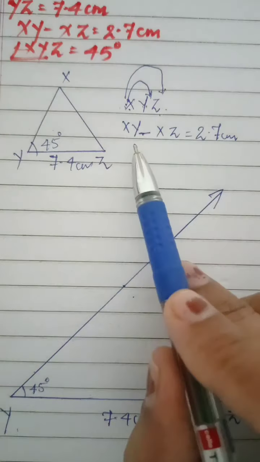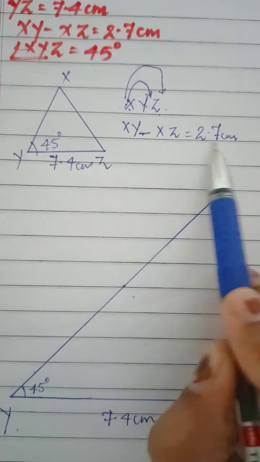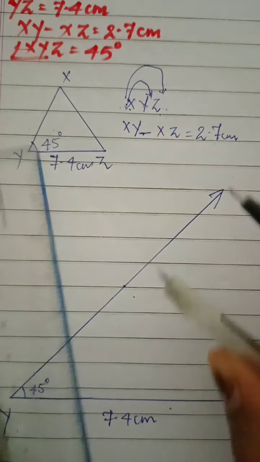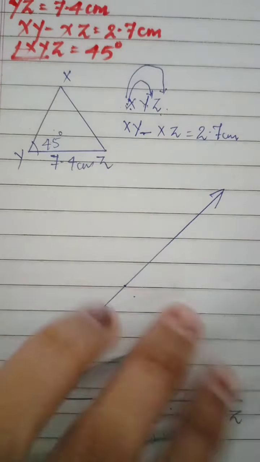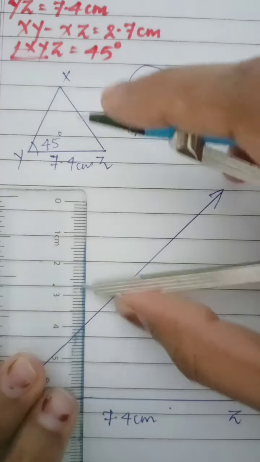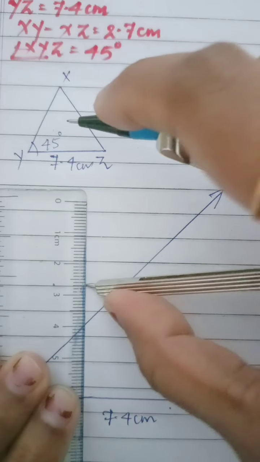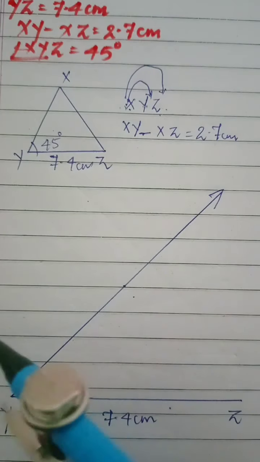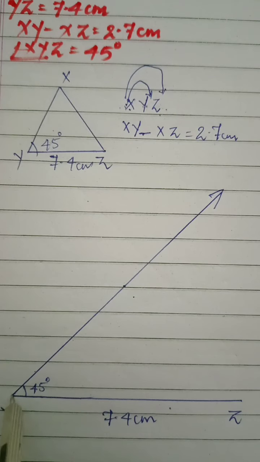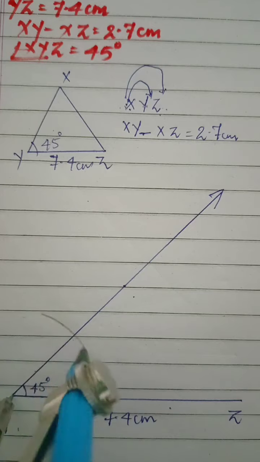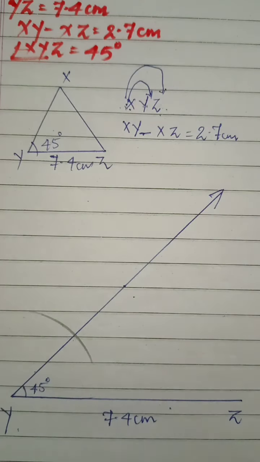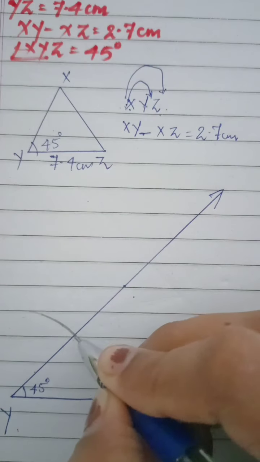Now, XY minus XZ, the difference of two sides, is given as 2.7. Let me take that onto the compass, 2.7, carefully. Now keep the compass point at Y and mark an arc.